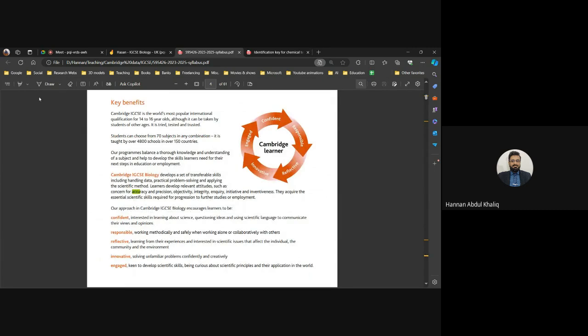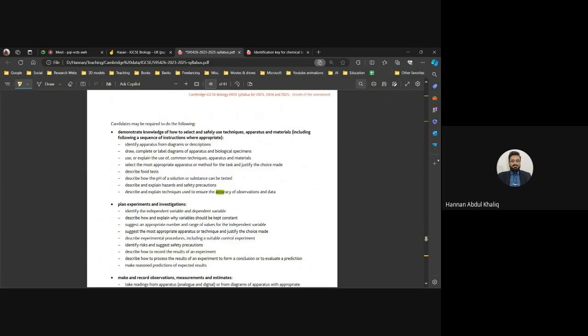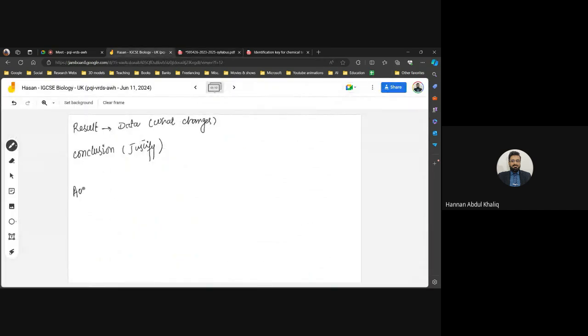What are accuracy and precision? What is the meaning of these two things? Remember, accuracy of observations and data. How accurate your data is, how much your data is accurate.